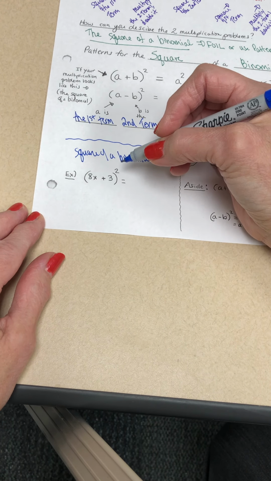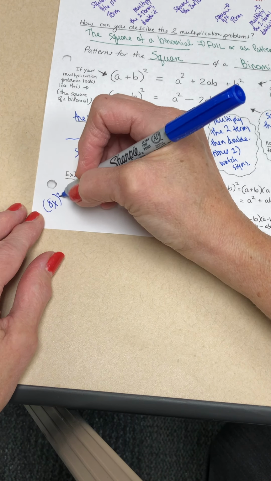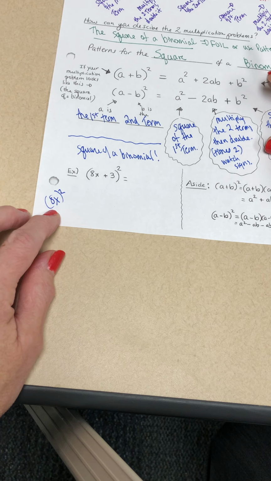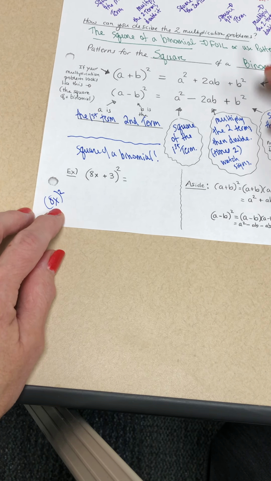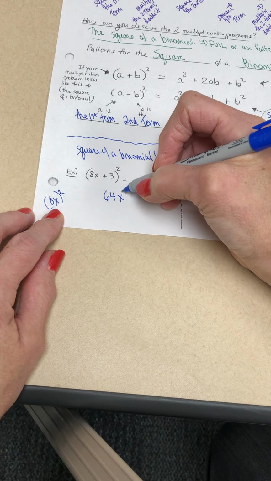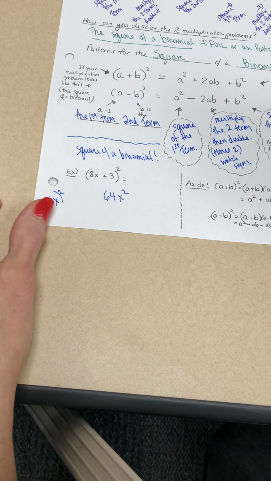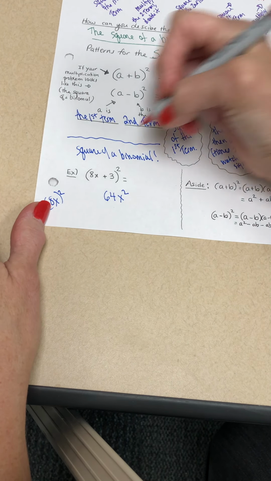So, to get this answer, I need to square the entire first term. Now be careful here. You have to square the entire first term, which means you have to square the 8 and the x because that is a product. So that is 64x squared. Okay, now here's what I do for the middle term as a visual, and I suggest you do this until you get really good at it.